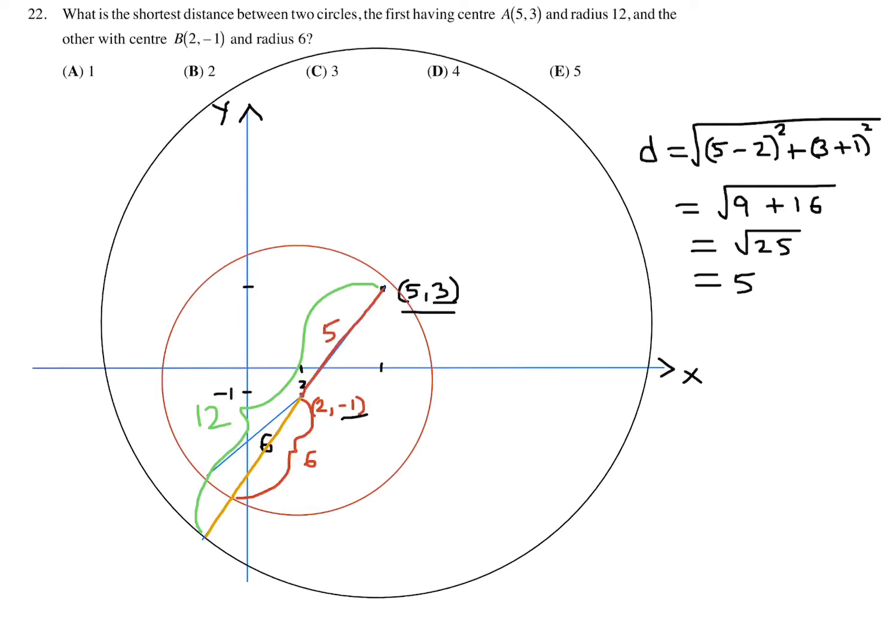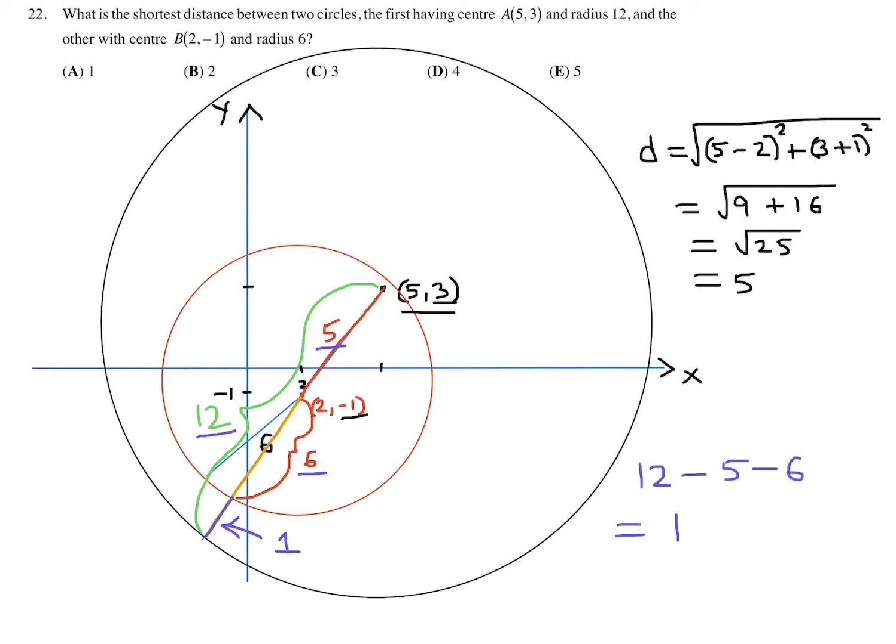So now we can figure out this final distance, which I will color one last time. It's the whole distance from there to there, which is 12, minus 5 minus 6. So you have 12 minus 5 minus 6, which is equal to 1. So this distance is 1.